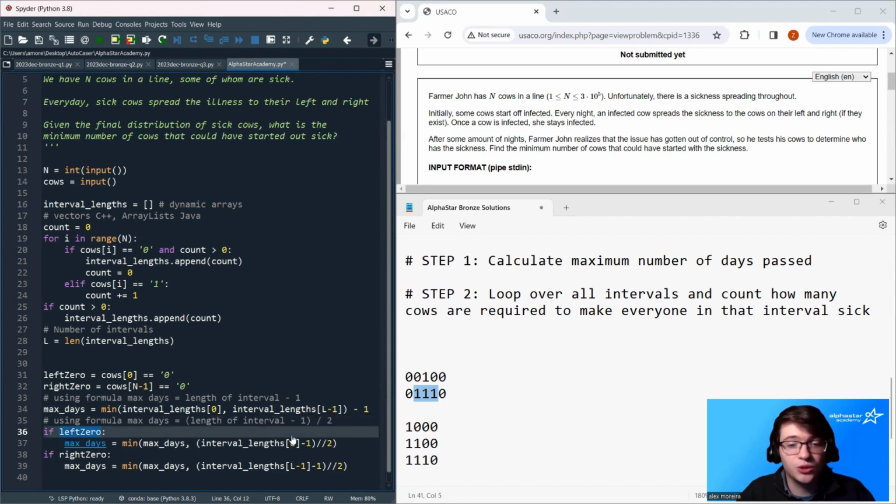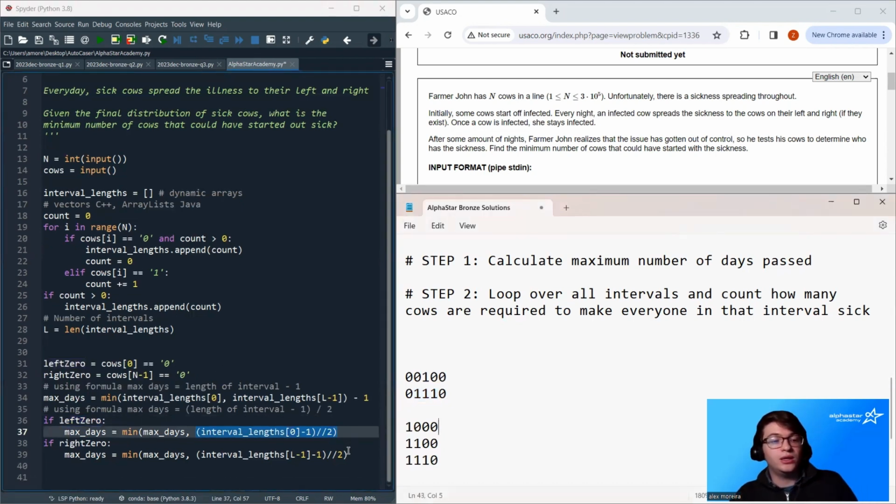But these are conditional on whether or not this 0 exists. So if this 0 doesn't exist, we can take more time to produce that interval. If this 0 does exist, we're going to run out of space faster. So we're going to have fewer days, which is why this number is smaller. All right.